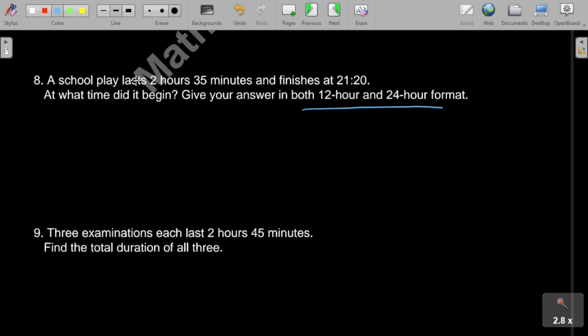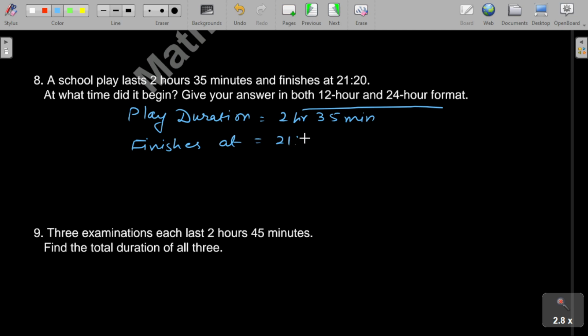So we know that the total play duration is 2 hours 35 minutes, and it finishes at 21 hours 20 minutes.